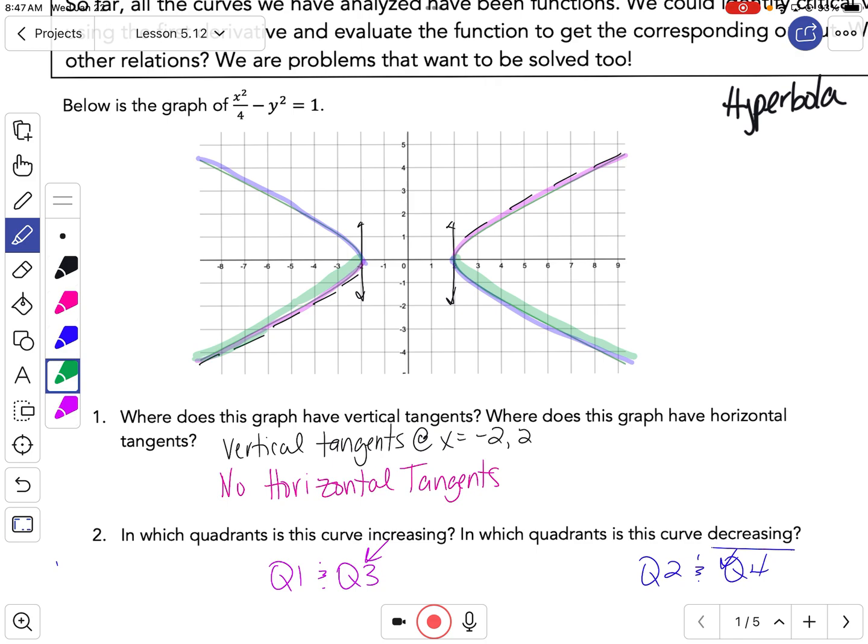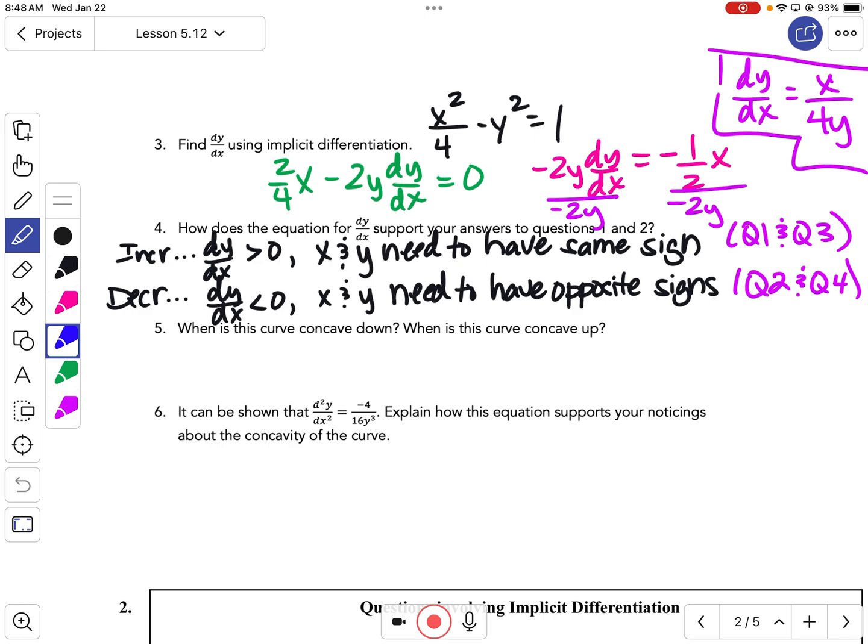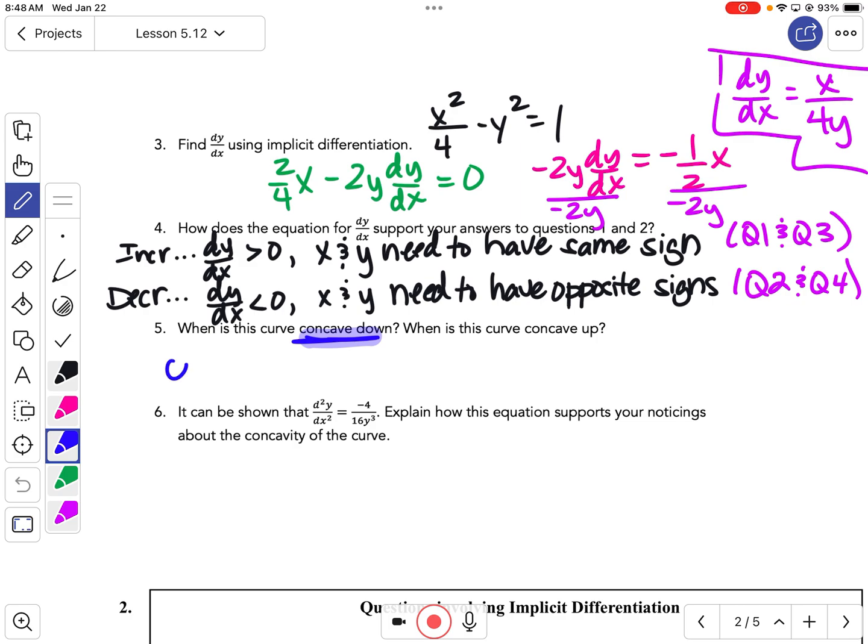And concave down is going to happen in 1 and 2. So we are concave down in quadrants 1 and 2, and concave up in quadrants 3 and 4.